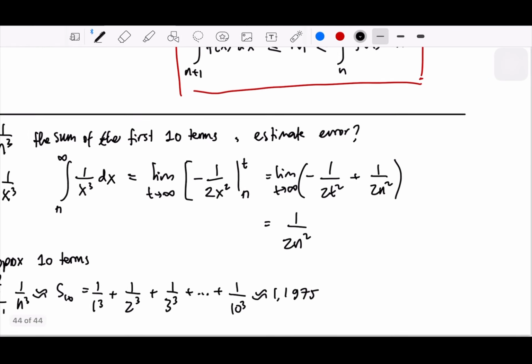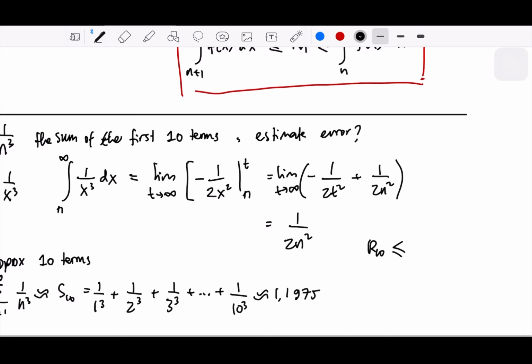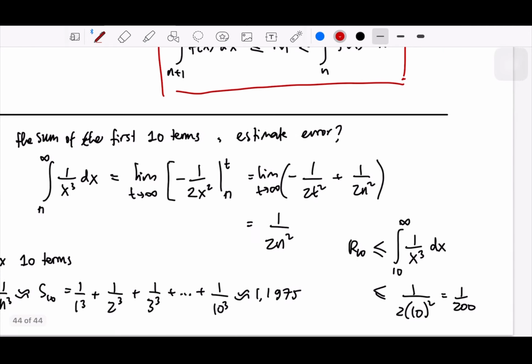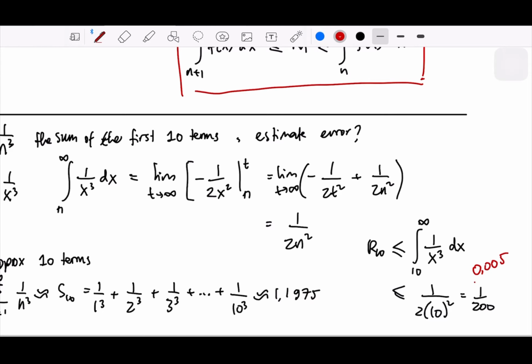Now if you check the remainder itself, it should be less than the integral from 10 to infinity of 1 over x cubed dx. Because we know this integral results in 1 over 2x squared, we just plug in 10. So this will be 1 over 200, or the estimated error will be 0.005.